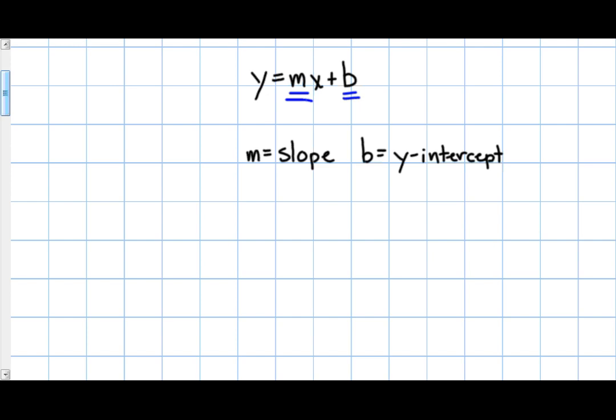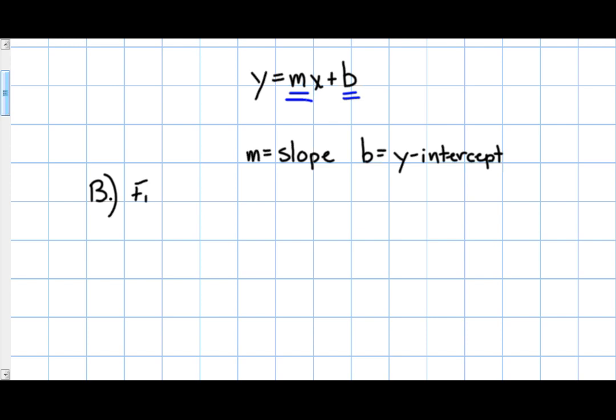So this is actually not the standard form of the equation. Let's see. Because it's not the standard form, sometimes you have to convert it into y equals mx plus b format. So let's say this.